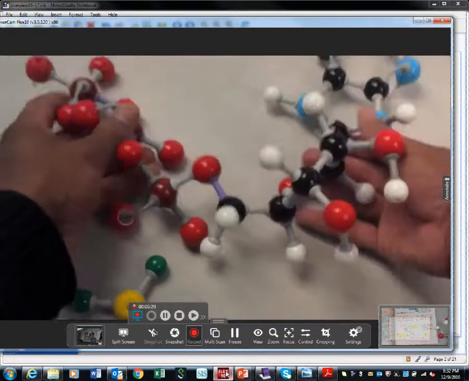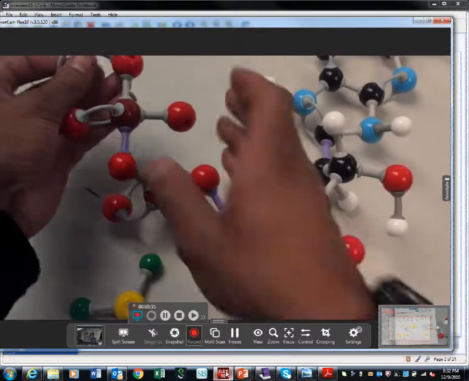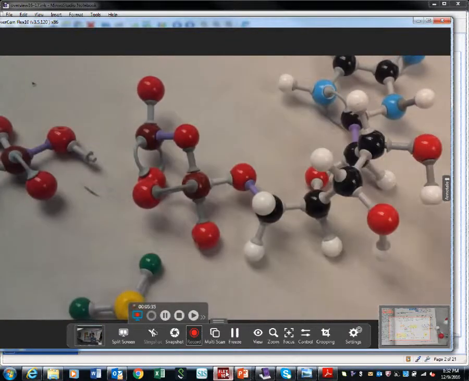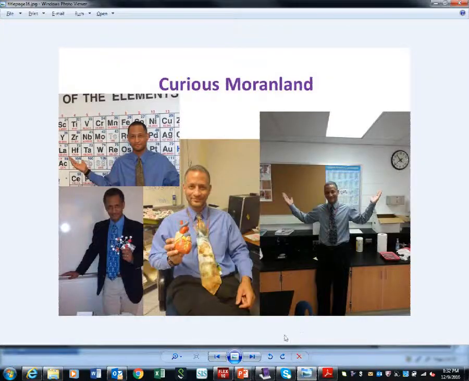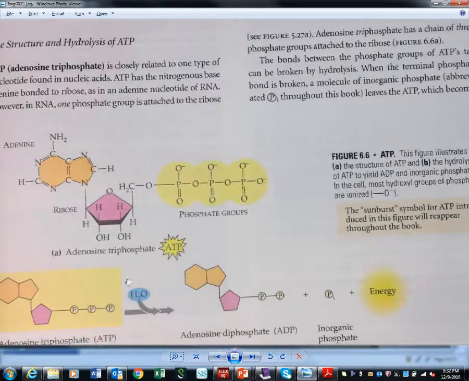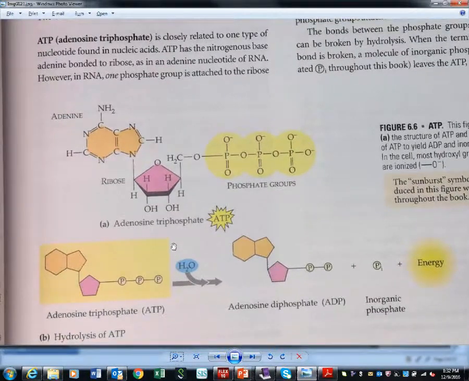Again, knowing that the actual model looks like this, when we transfer energy, one of these phosphates comes off. And if you look at this picture, see if you can remember this little blast from the past here. This is energy, ATP being used.